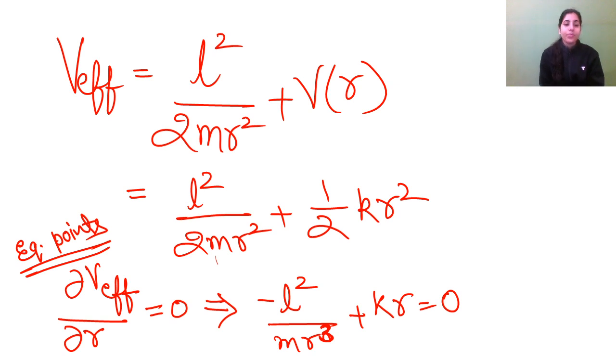नहीं, देखिए, जब आपके पास पोटेंशियल होता है, ठीक है, अब आपको मान लीजिए पता करना है कि कौन सा पॉइंट स्टेबल है और कौन सा वाला अनस्टेबल इक्विलिब्रियम पॉइंट है, तो उसके लिए सबसे पहला स्टेप होता है कि हम फाइंड करते हैं इक्विलिब्रियम पॉइंट्स। ठीक है, और जब हम इक्विलिब्रियम पॉइंट्स की बात करते हैं तो भले ही वो सर्कुलर ऑर्बिट के लिए लें या नॉर्मल स्मॉल ऑसिलेशंस के केस में नॉर्मल पार्टिकल के लिए लें, तो हम उन इक्विलिब्रियम पॉइंट्स को फाइंड करने के लिए फर्स्ट ऑर्डर डेरिवेटिव को जीरो से इक्वेट करते हैं, and after equating it with zero we get this kind of equilibrium points.